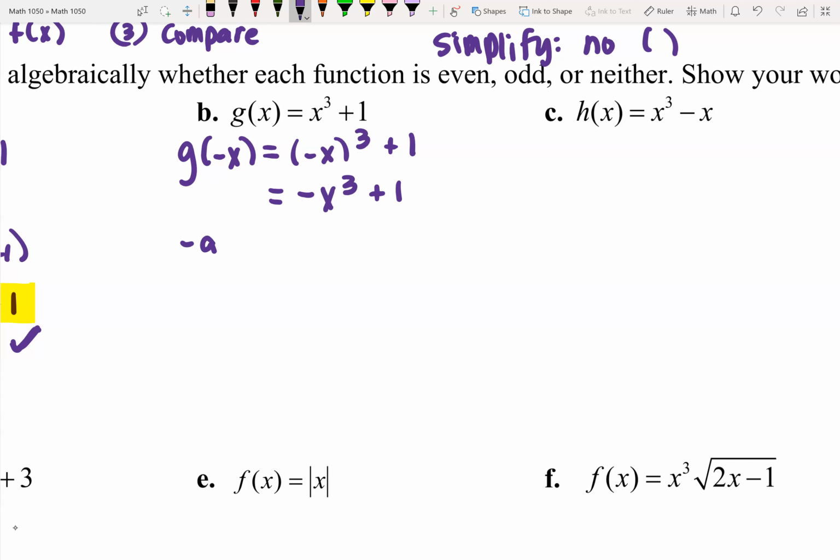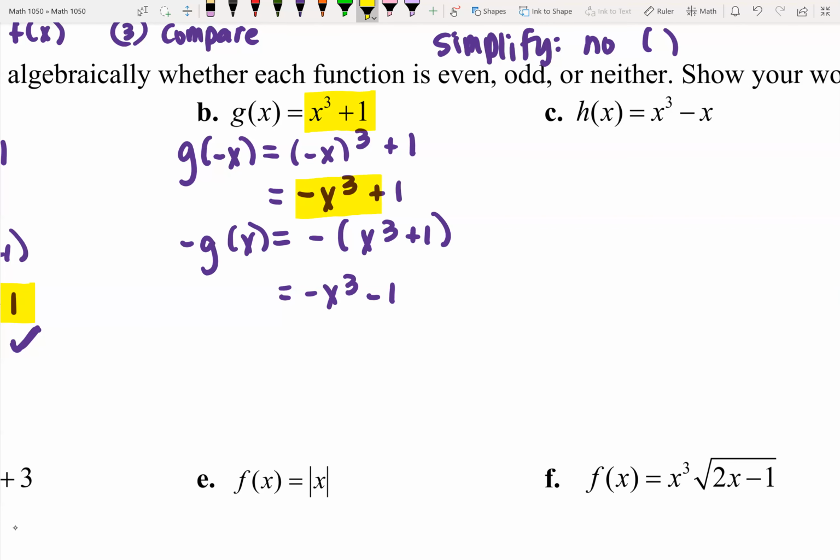Now I'm on step 2. So step 2 is to find negative g of x. So you take a negative, in parentheses, you put your g of x, then you distribute, and you get negative x to the third minus 1. Now don't highlight yours, but watch this. I'm comparing the original to the first thing I found to the second thing I found. Are any of them the same, you guys?